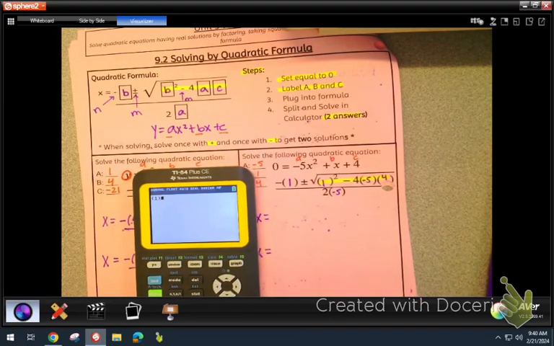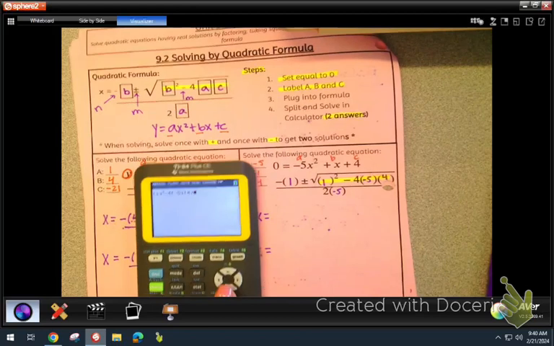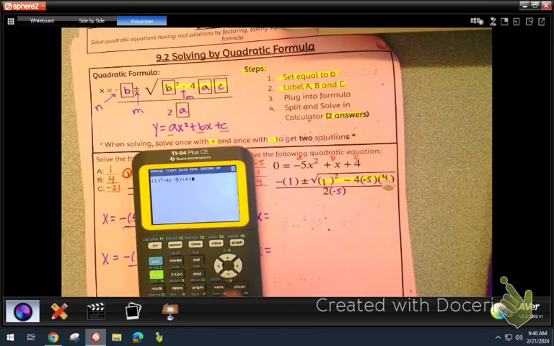Parentheses, 1 squared minus 4, negative 5, times 4. Okay? We're not going to go too crazy into this, but this expression that we're doing first, that I've highlighted, b squared minus 4ac, is called the discriminant.